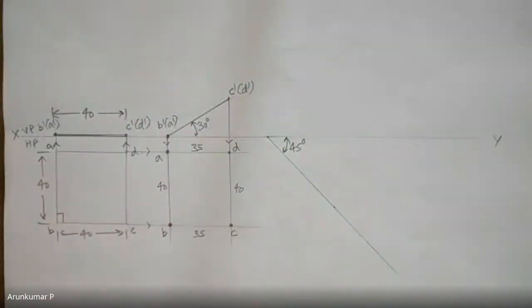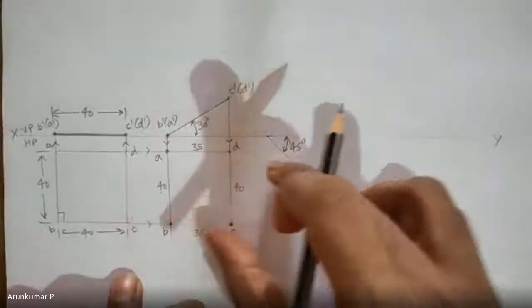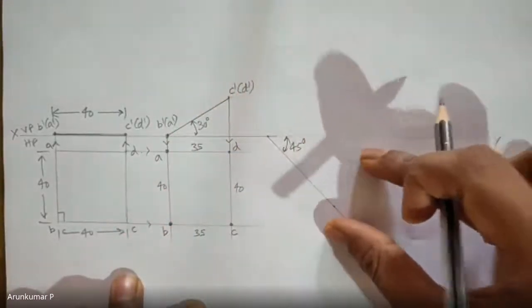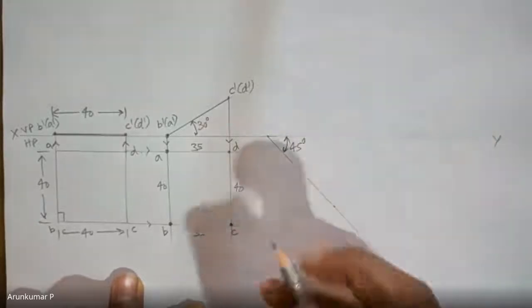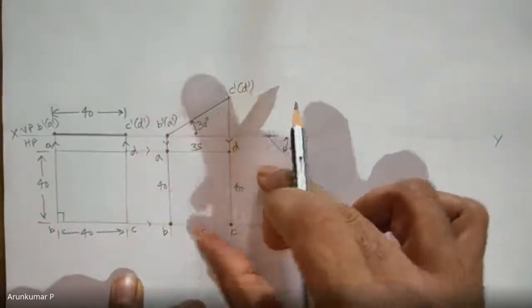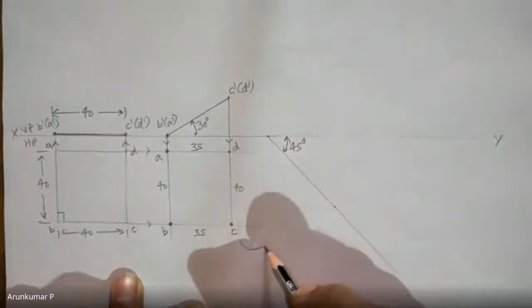It is as good as trying to rotate and reorient this and place it on this 45-degree line. So in which direction am I going to rotate? In this direction.